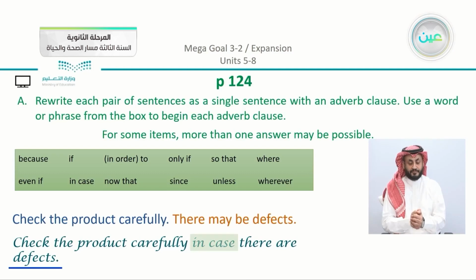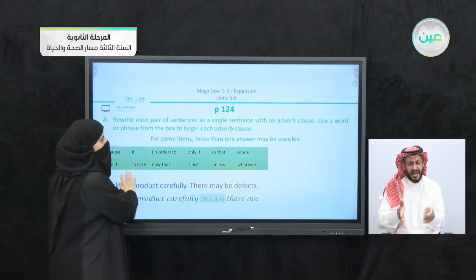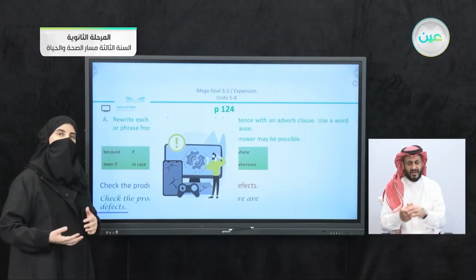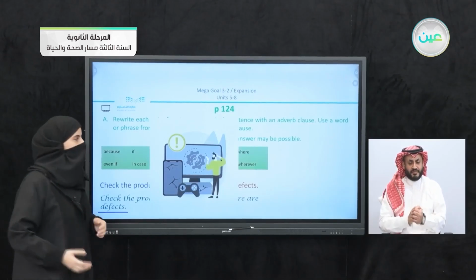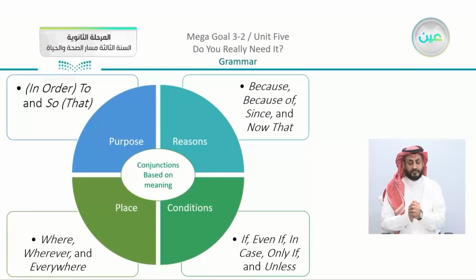We are going to start. But before, did you notice that we have here the word defects? Do you remember the word? We learned the word before. Defects means that there is a problem with it, or something that is not working properly. So, just to pass by the conjunctions based on meaning, we have the 4 meanings.